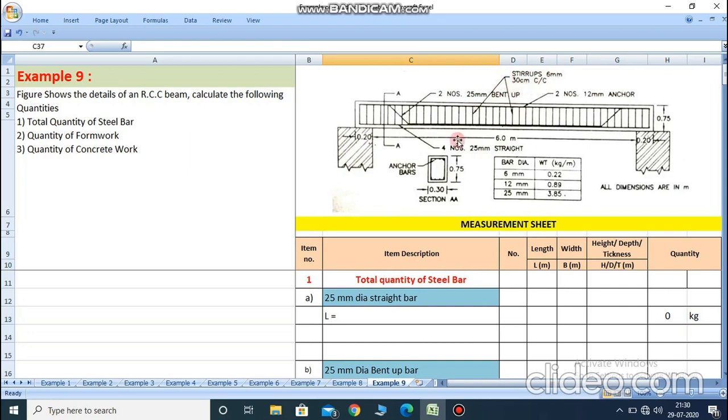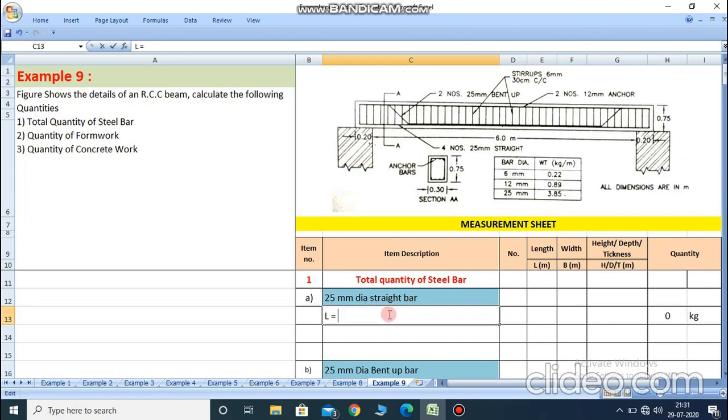Here main bars are given, 4 numbers of 25 mm dia straight bar, and 2 numbers of bent up bar of 25 mm diameter, and 2 numbers of 12 mm anchor bar are given. So first we find out the total quantity of the steel. In steel we find out first the 25 mm dia straight bar.